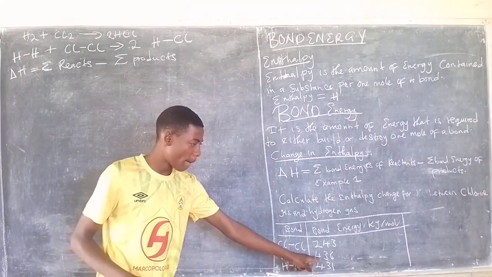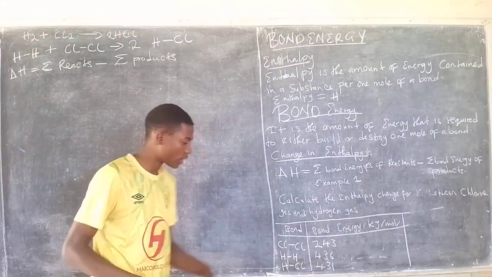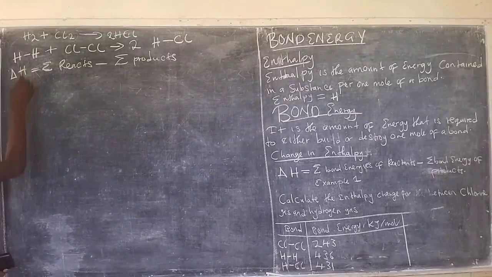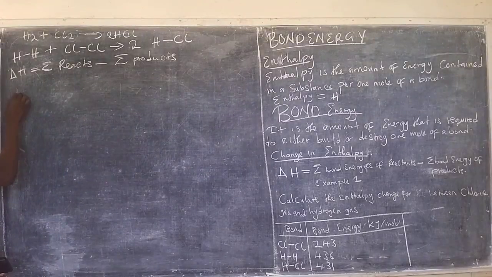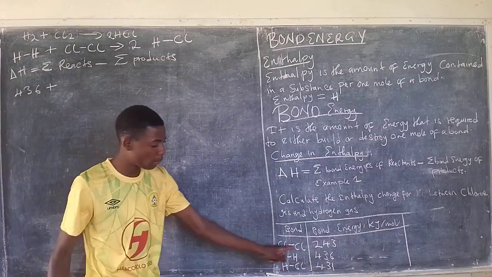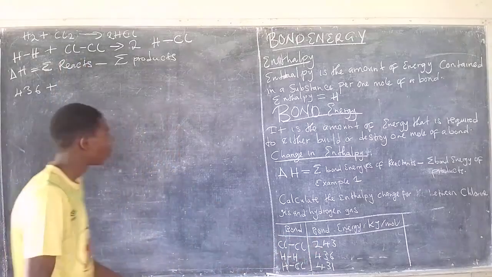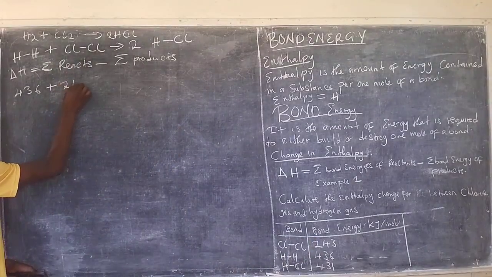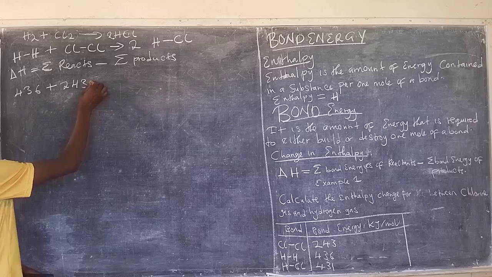The energy per kilojoule per mole is 436, so we write 436. We add another reactant, chlorine bonded to chlorine, which is 243.